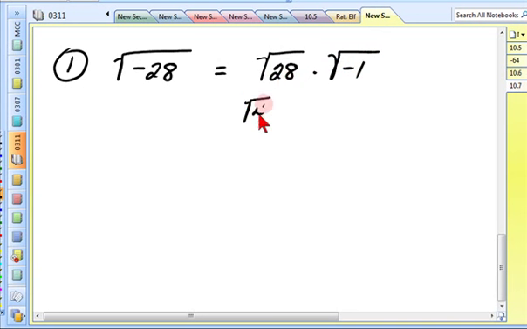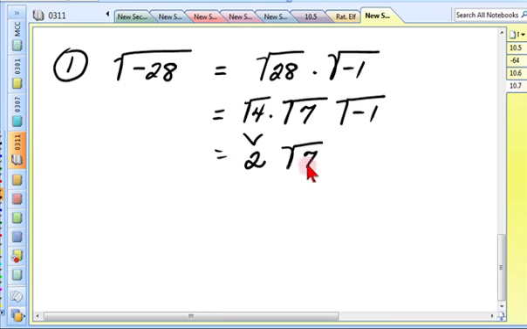So it's the square root of 4 times the square root of 7 times the square root of -1. The order that you write those doesn't really matter. I'll show you in just a second what is customary. The square root of 4 is 2. I don't know what the square root of 7 is. And the square root of -1 is i. Now, I think that what I'm about to tell you is customary because of the way printing presses used to work.